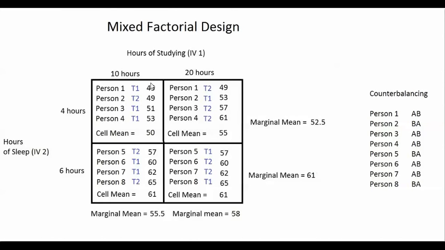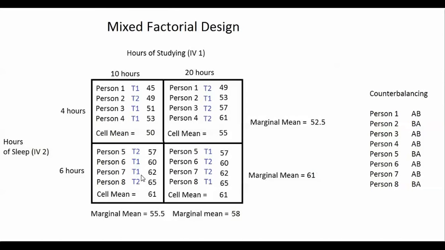Person 1 went through 10 hours, then 20 hours. Person 2 went through 20 hours and then 10 hours. So each of my participants was assigned to either the AB order or the BA order. 4 of them were assigned to AB, and 4 of them were assigned to BA, because I have to make it equal.